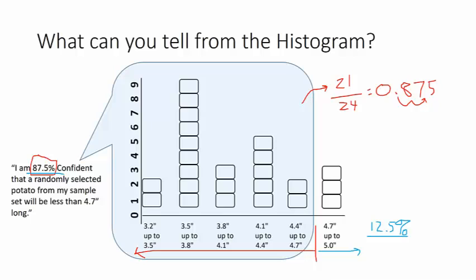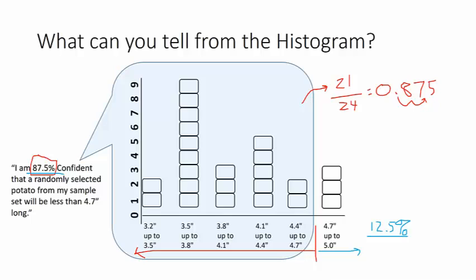So much of statistics has to do with just counting how many things are in one bucket versus another bucket. This histogram itself, this whole drawing, is literally counting how many potatoes fall into each of these bins. They call them bins, like a bucket, equally sized bins. 3.2 inches to 3.5 inches is a 0.3 inch bin, or range of values.